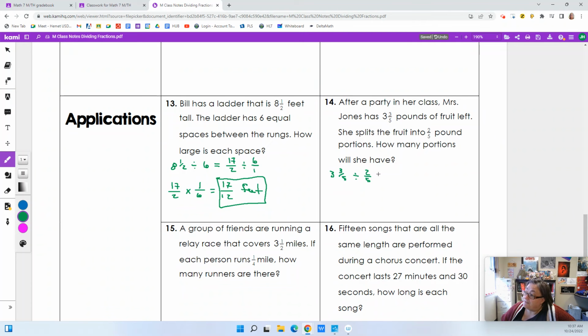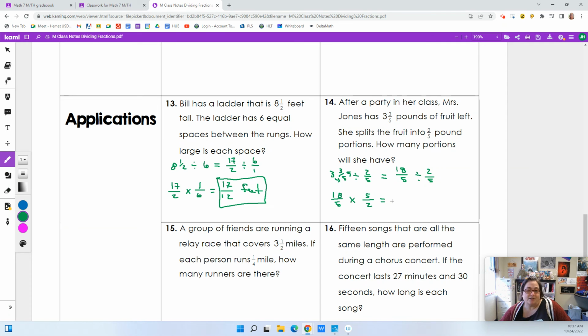Which means we're definitely going to have to fix that mixed number. So 3 times 5 is 15, plus 3 is 18/5, divided by 2/5. So now it's a multiplication problem. We'll go 18 over 5 times 5 over 2.